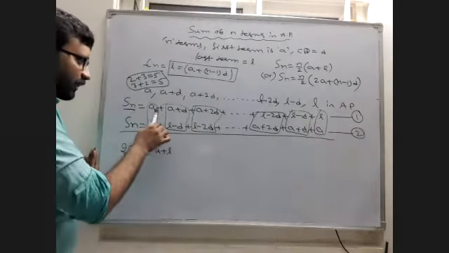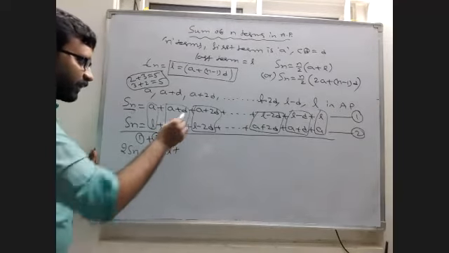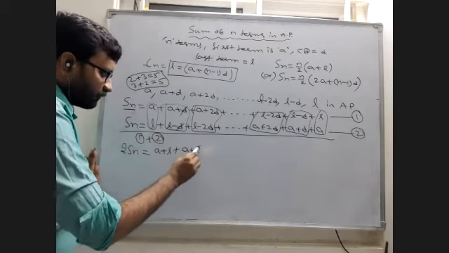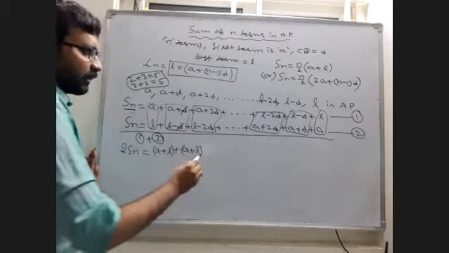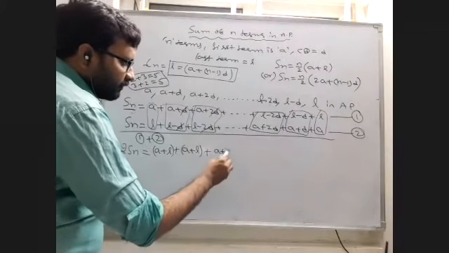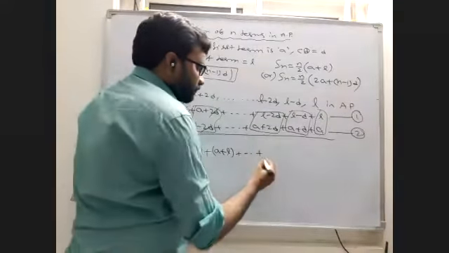Now see, A plus L, plus D cancels. Again A plus L, plus 2D cancels. Again A plus L, see, A plus L, so on.